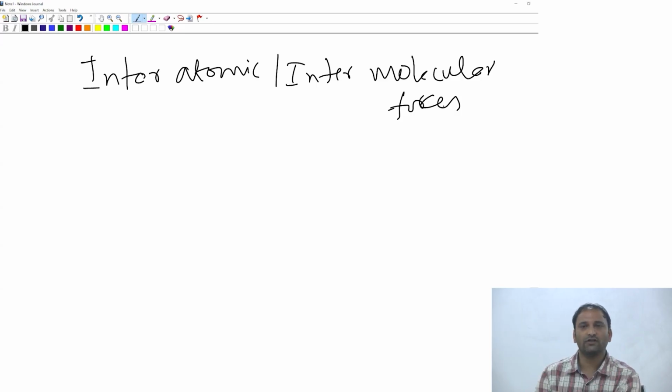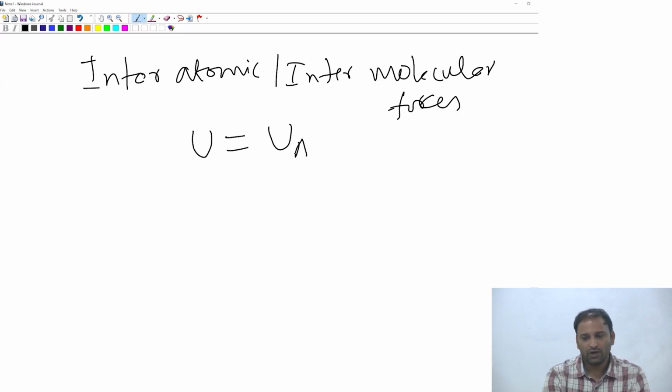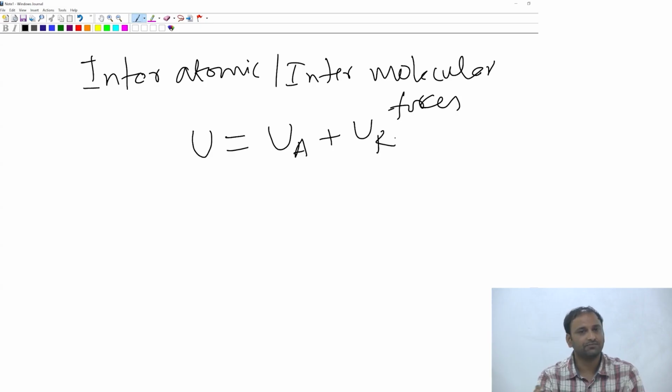The important thing is that whatever the atoms and molecules that make up these particles, there are intermolecular or interparticle forces between them. In general, the intermolecular force is typically a summation of some attractive forces plus some repulsive forces.